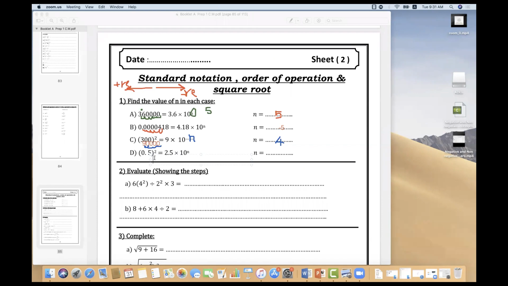It will be equal 0.25. Okay, 0.25. Good. If I need here to know the value of n, 0.25 is not a big number, so we make it standard form. Why? Because I need to put it in the standard form.